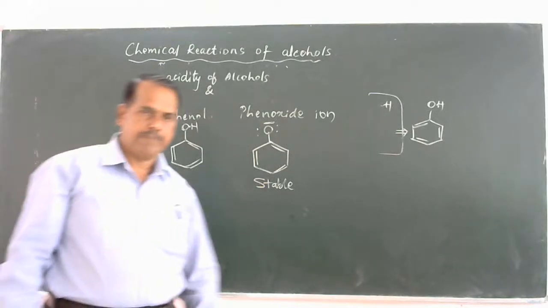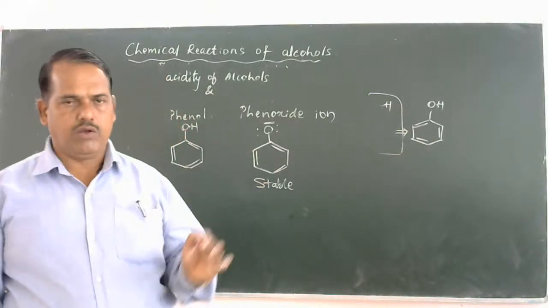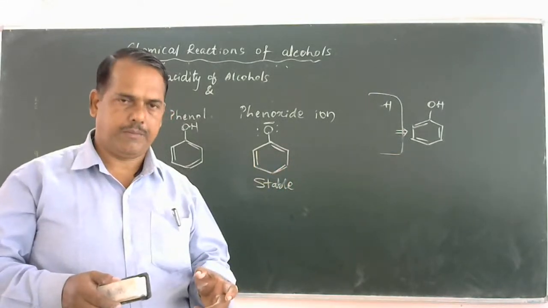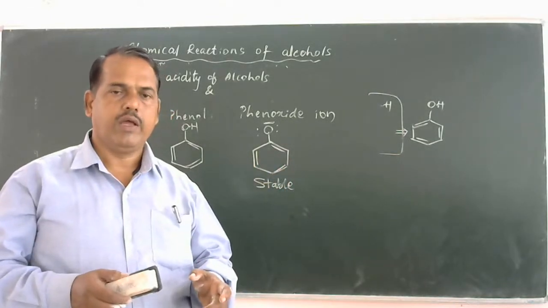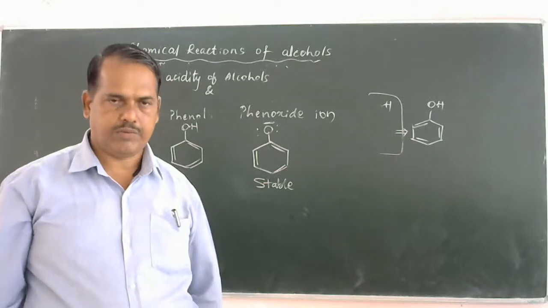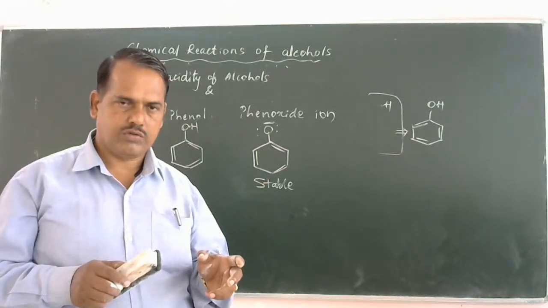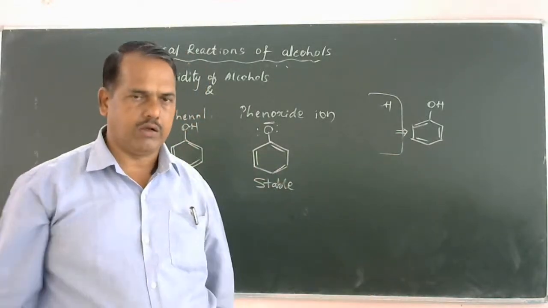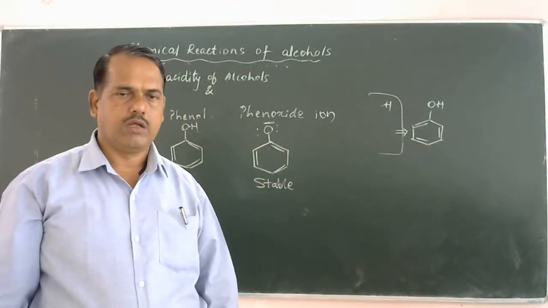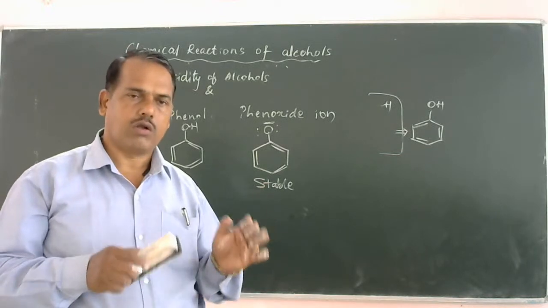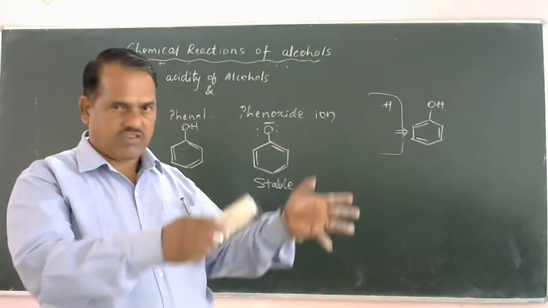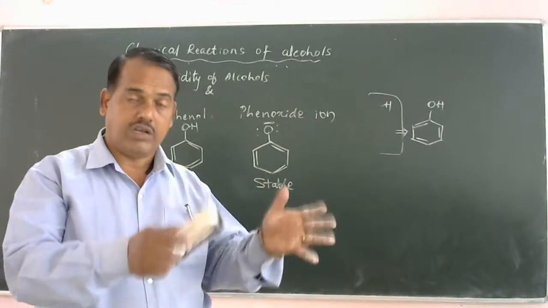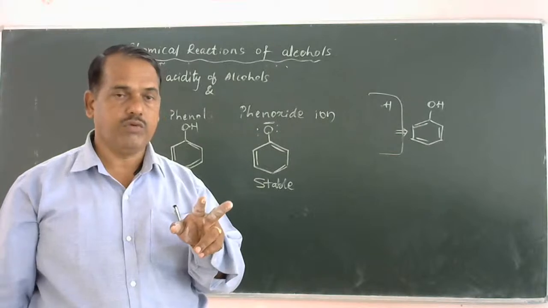Are you clear? Okay. On phenol, if electron donating groups like methyl or ethyl are there as substituents, then automatically the acidic strength decreases. Don't get confused.